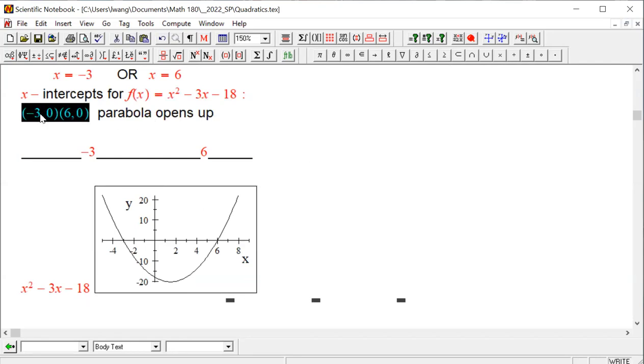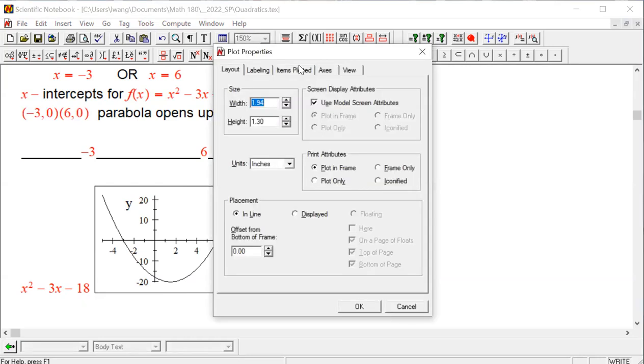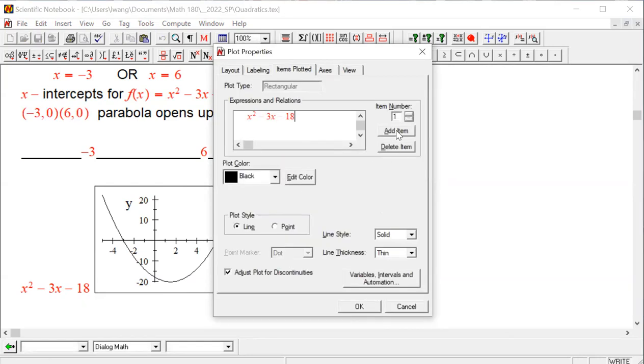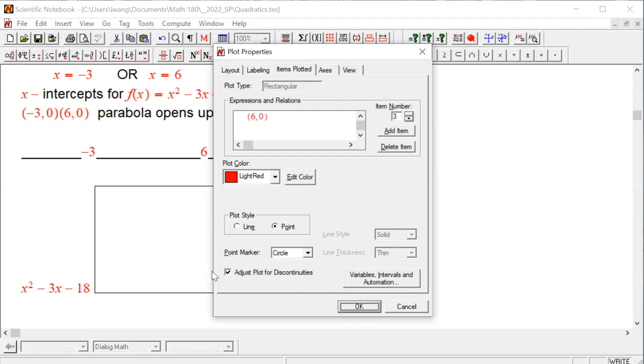So what do you think? Should I use circles or dots? I should use circles, right? Why circles? Because it's larger than 0, right? So I'm going to make the circles. There you go.